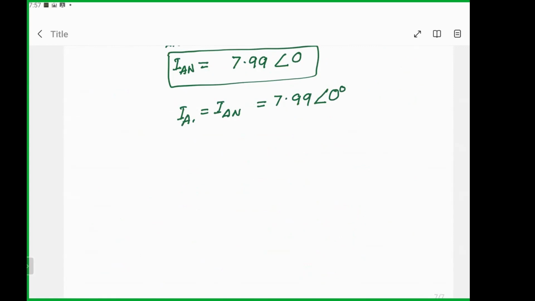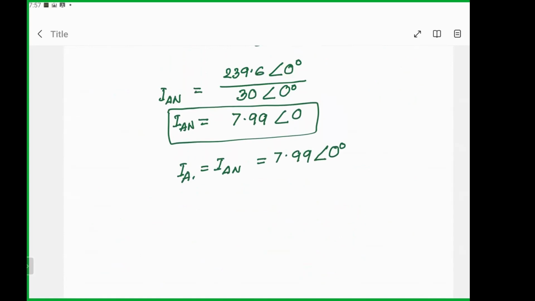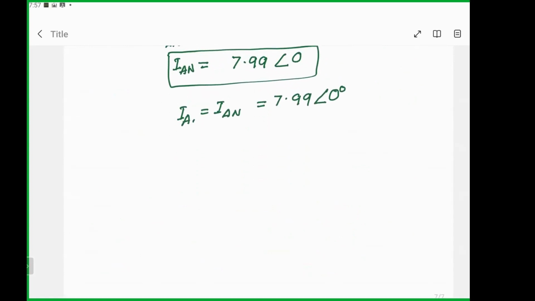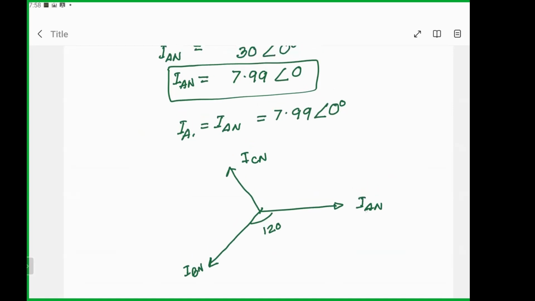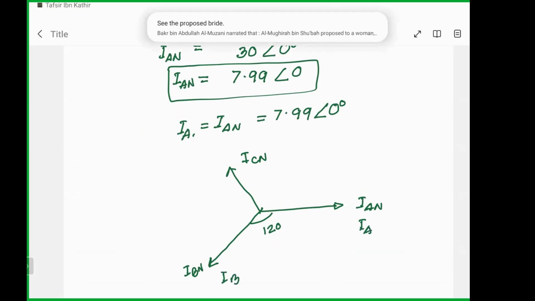All right. So I can draw the other phases of the current. So this is my IAN. That means what would be IBN? It will be always 120 degree, making an angle of 120 degree. So it would be IBN, and this will be equal to ICN. So now our line current and the phase current are the same. So this is equal to IA, IB, and IC.